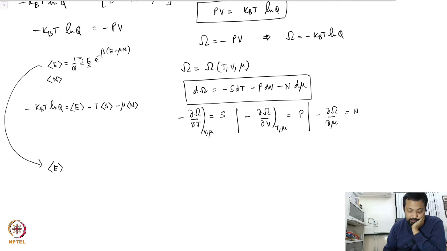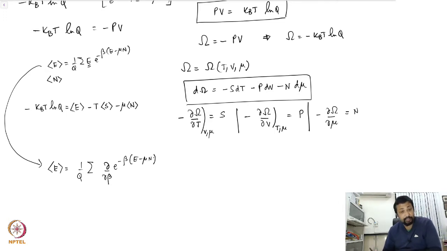The average of E is going to be 1 over q sum over del beta of e to the power minus beta (E minus mu n). But if you take a derivative with respect to beta, that brings out a factor which is plus (E minus mu n).